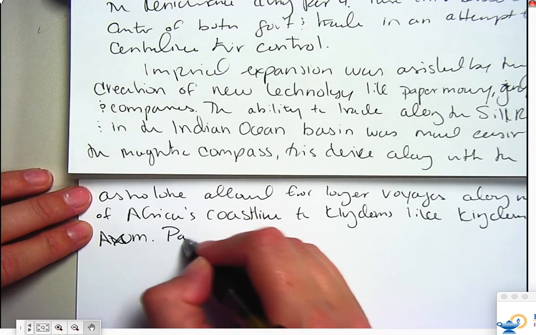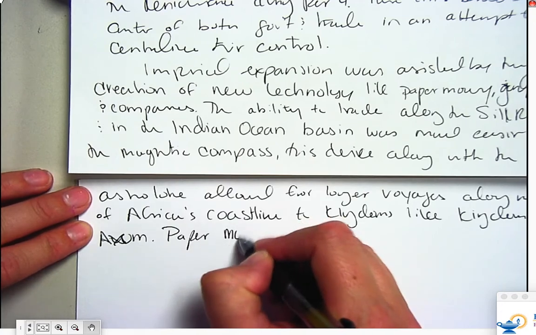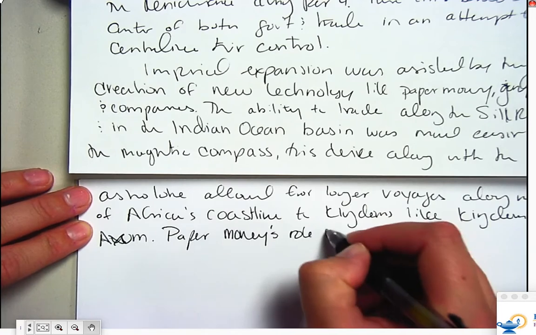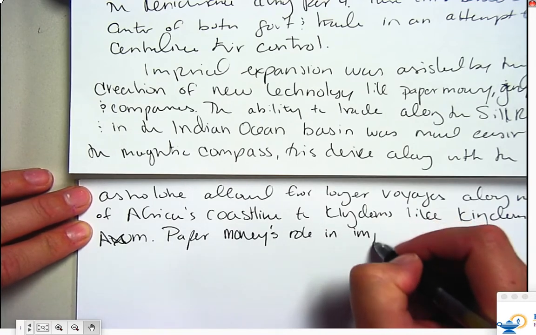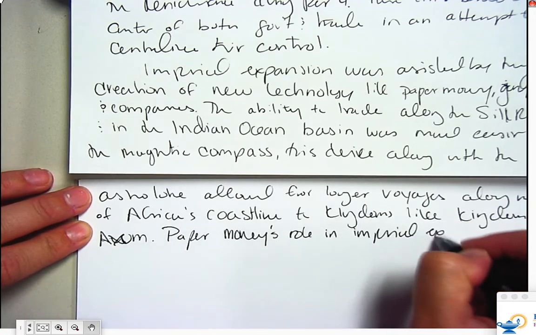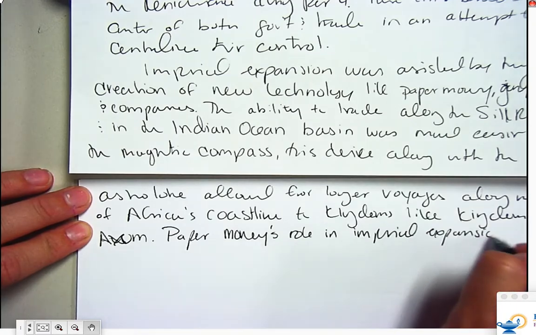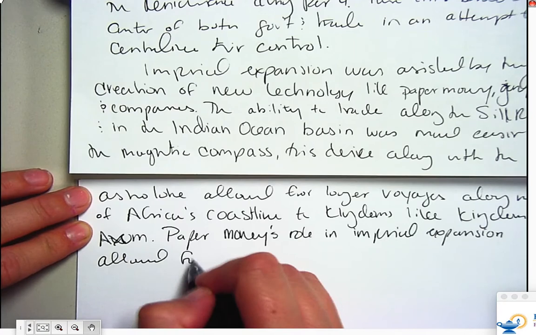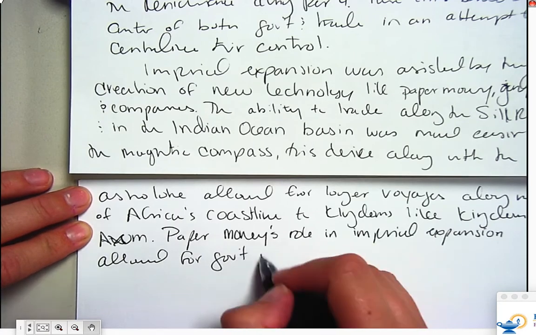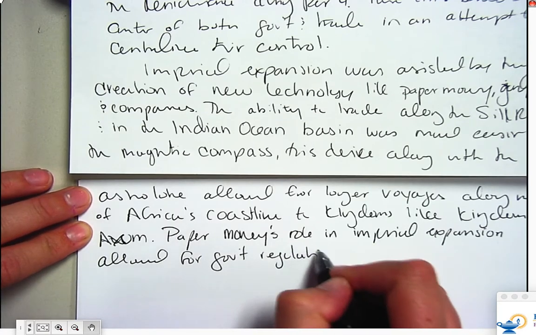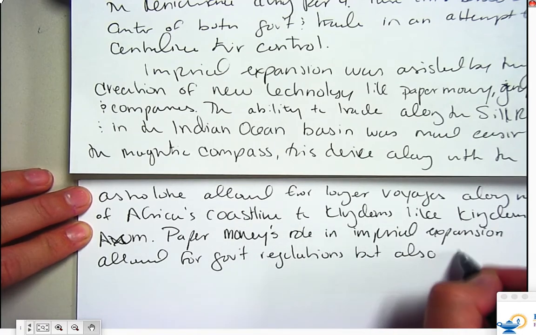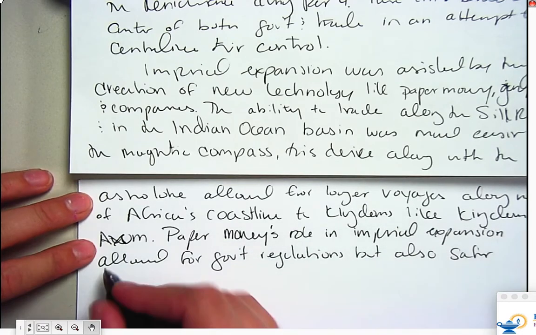Paper money's role in imperial expansion allowed for government regulations, but also safer conditions for traders.